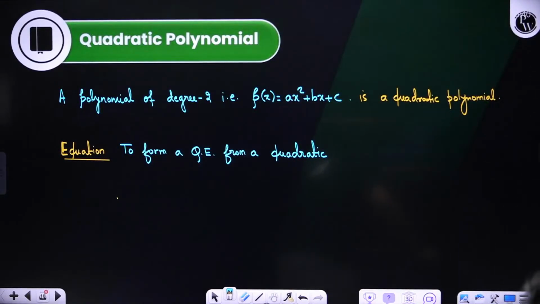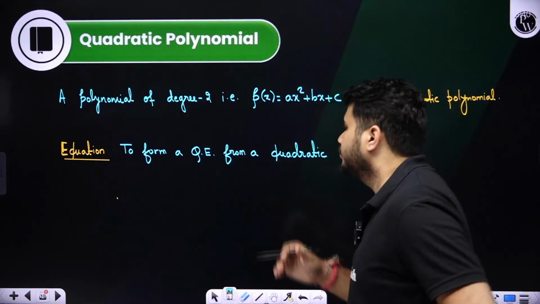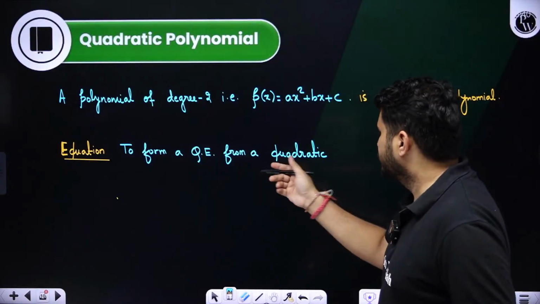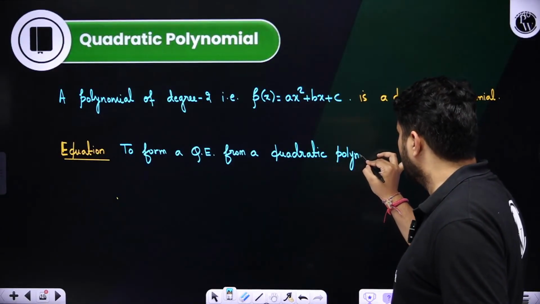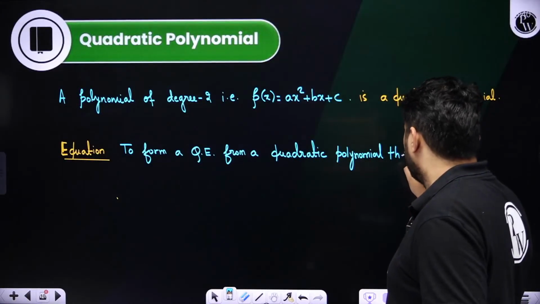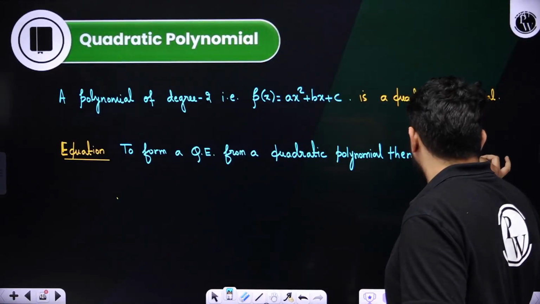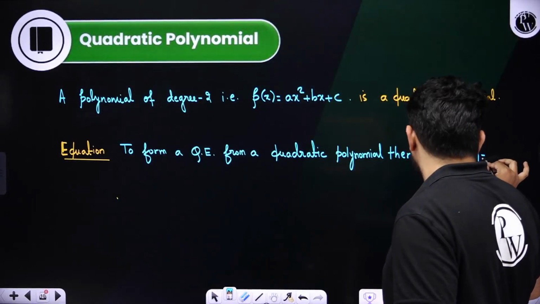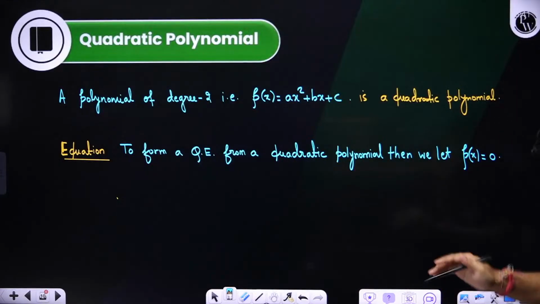Just a minute. Suppose we have to form a quadratic equation from a quadratic polynomial, then we let p of x is equal to 0. Okay, we take it this way. So from here only we will get the definition.